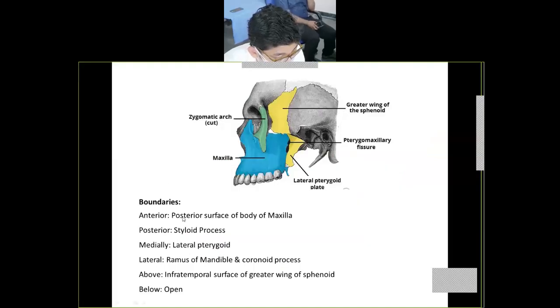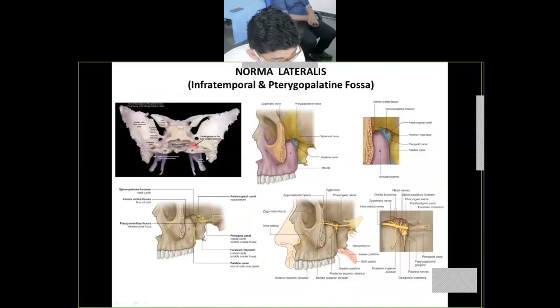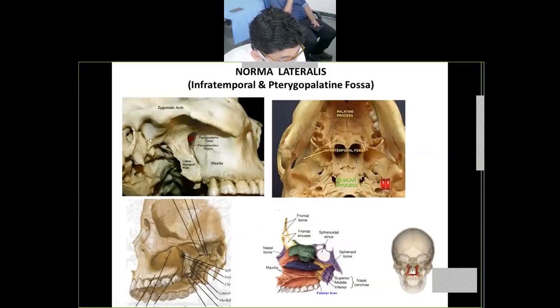Anteriorly, the posterior surface of the body of the maxilla. In this picture you can see nicely, this is the anterior wall, the maxilla. Then posteriorly, the styloid process. You can see it over here, though not very well defined.